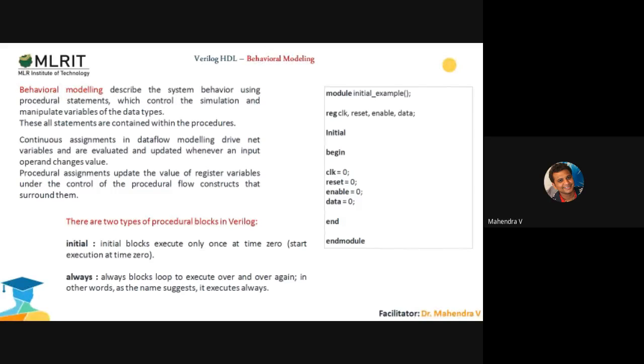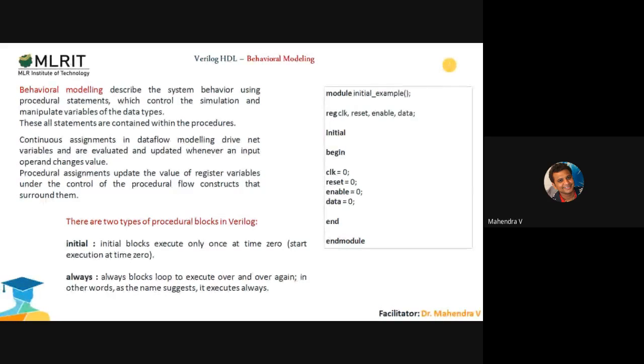Now here in behavioral modeling, we use two kinds of procedural blocks. One is initial, another one is always. Initial will be executed only once, at the initial stage of execution.